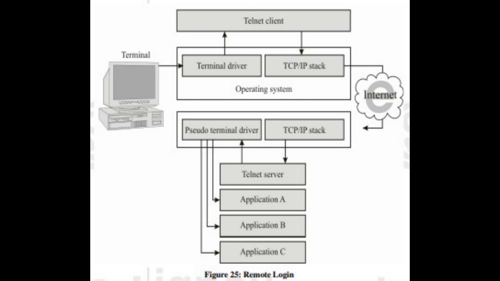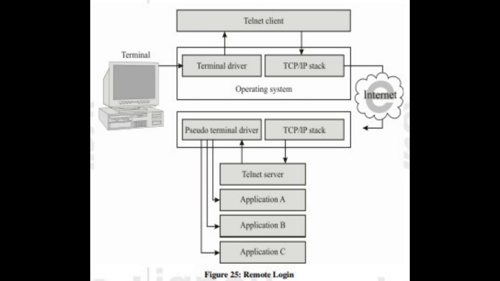The characters are sent to the Telnet client, which transforms the characters to a universal character set called Network Virtual Terminal (NVT) and delivers them to the local TCP/IP stack. This is necessary because Telnet is a general purpose application and was designed to work between any terminal and any host. Thus, the client maps the terminal type to NVT. At the other end, the server maps the NVT onto the actual terminal type the server is serving.